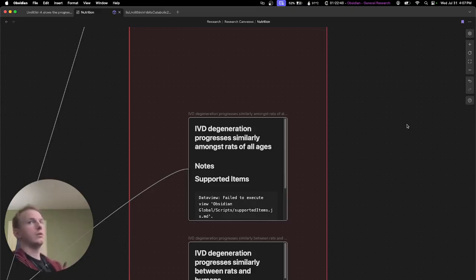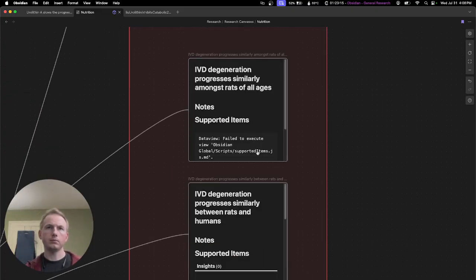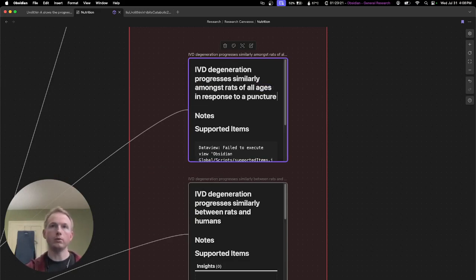And really, it's assumptions all the way down. You could say that something about how Urolithin A would affect IVD degeneration is the same across rats of all ages. And this is specifically in response to a puncture model.